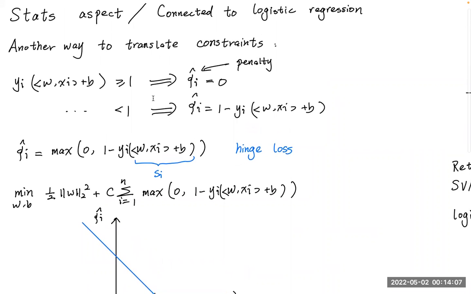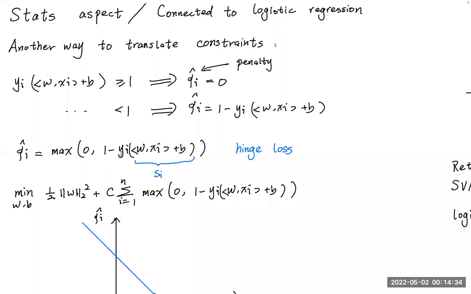Therefore, if we combine these two cases to decide how much money we want to pay for the slackness, we can write this as a max, but this is not a maximum over a continuous variable. It's just a maximum between two numbers: 0 and 1 minus this number. We call this linear score s_i. This is a logistic score, right, in the linear logistic regression.